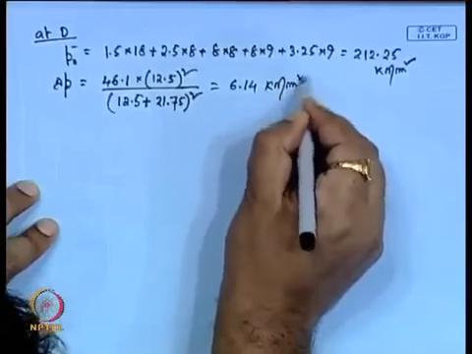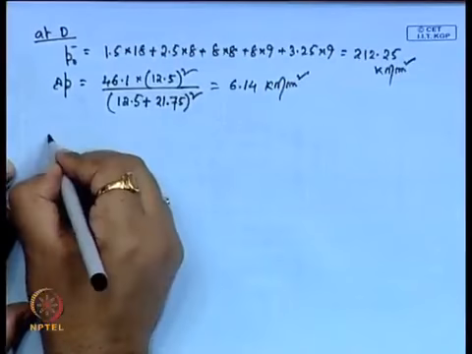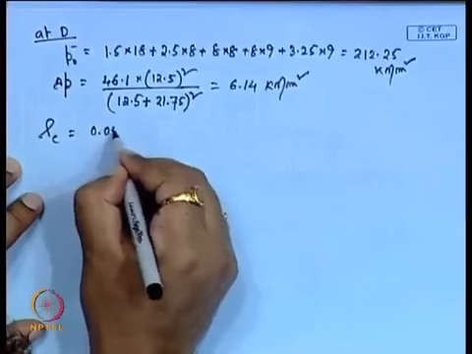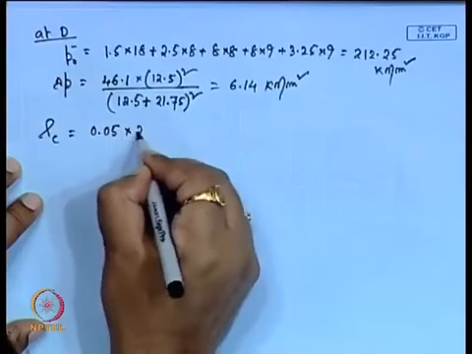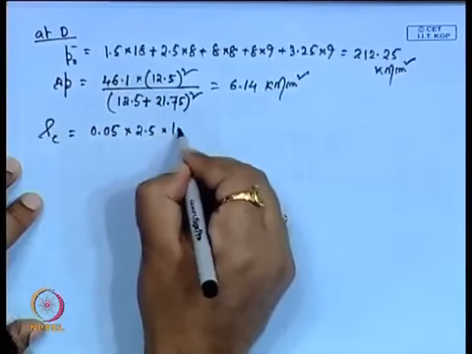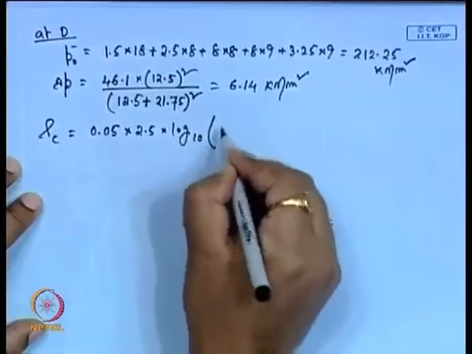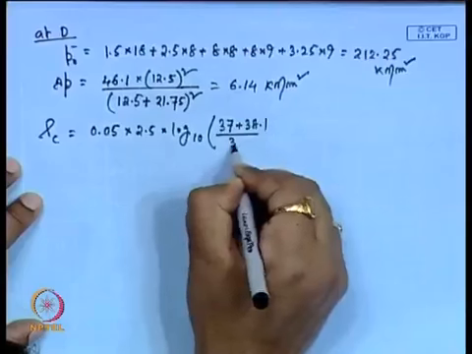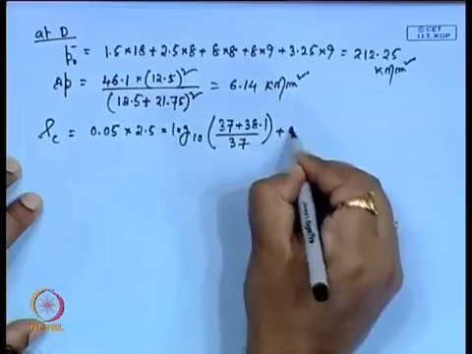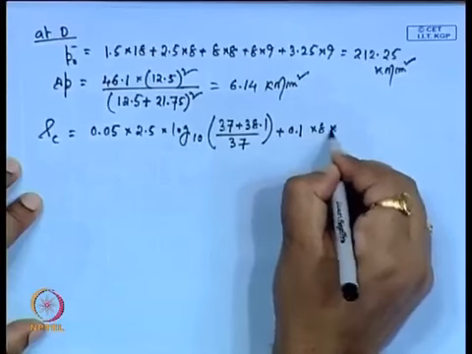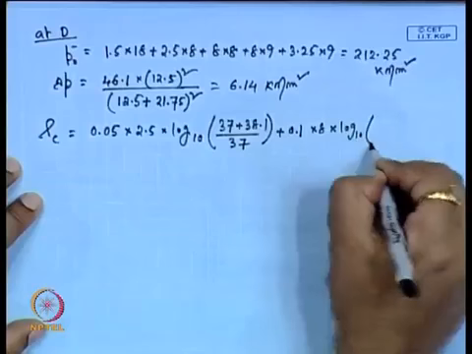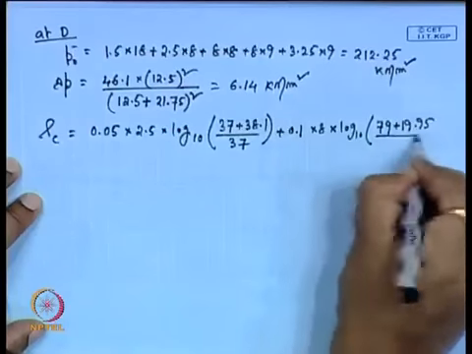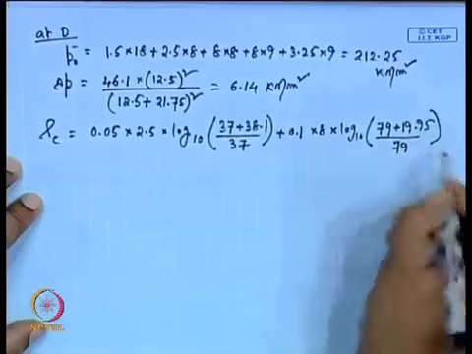kilonewton per meter square. So, the consolidation settlement that we will get, say 0.05 Cc into thickness is 2.5 for this first layer into log 10, 37 plus 38.1 divided by 37 plus 0.1 into 8 into log 10, this is 79 plus 19.95 divided by 79.